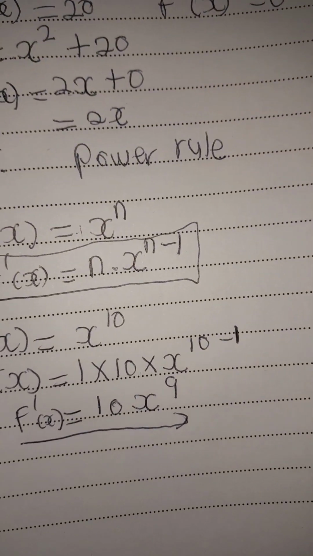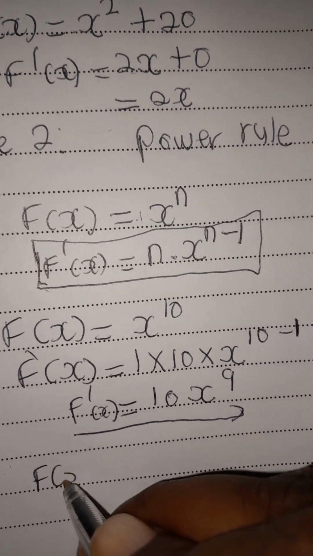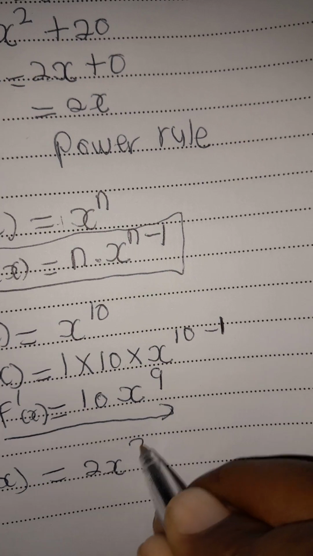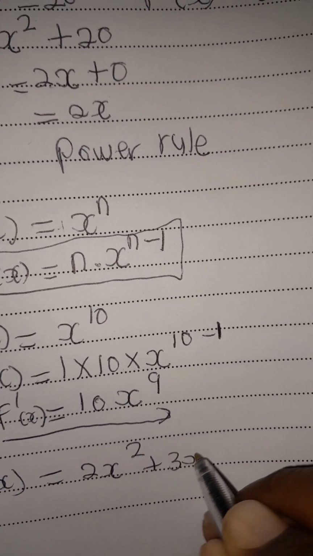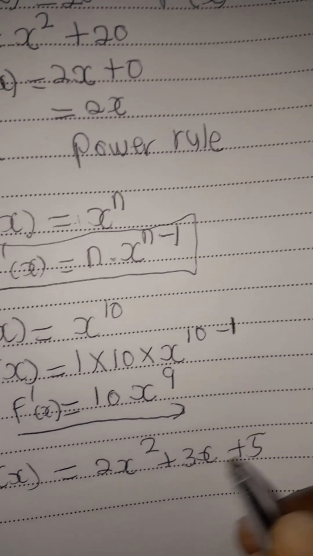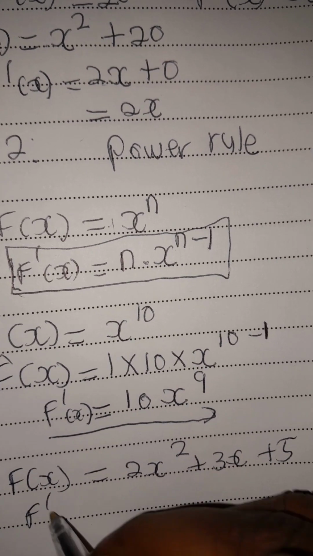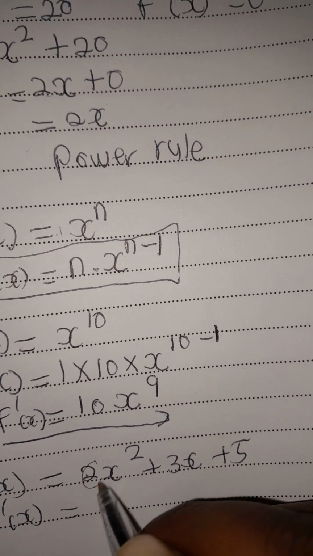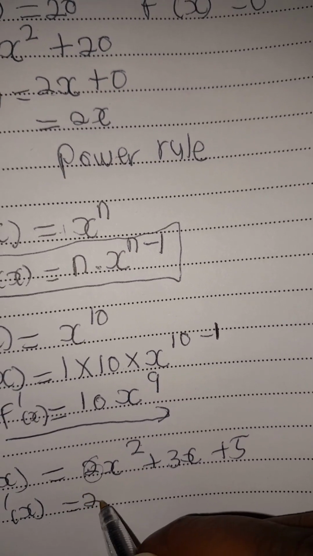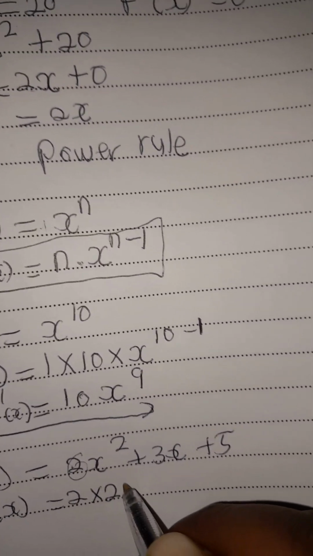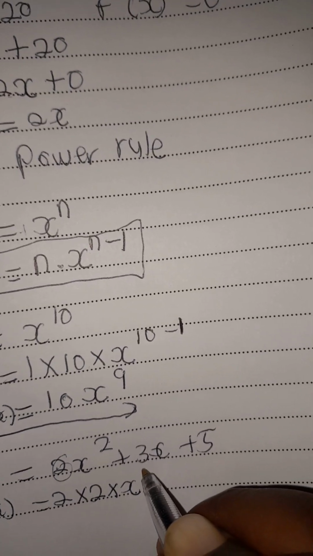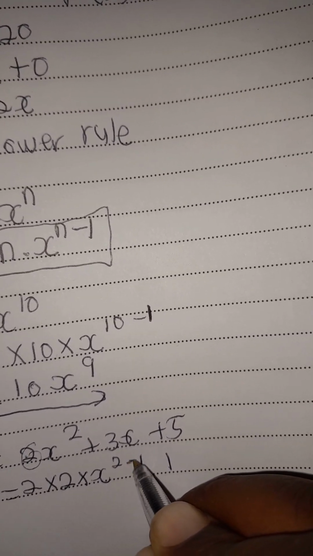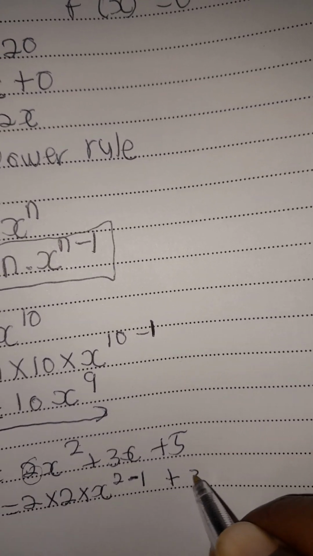Let's say maybe we were given this in this manner. Let's say we are given the function f(x) = 2x squared plus 3x plus 5. Using the power rule, the derivative f'(x): remember that this coefficient will multiply the power, so it will be 2 times 2 times x, with the power subtracted by 1, plus 3.